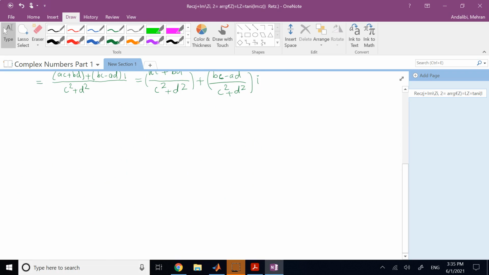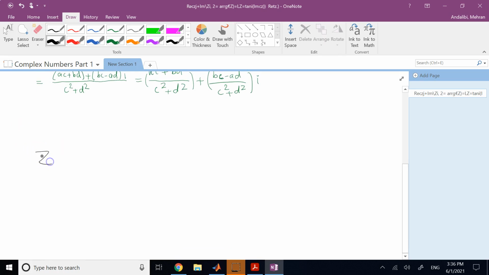Now, there is one very important formula in complex numbers called the Euler formula. But before that, I want to tell you a couple more things about the conjugate. So some properties of this conjugate are like this.